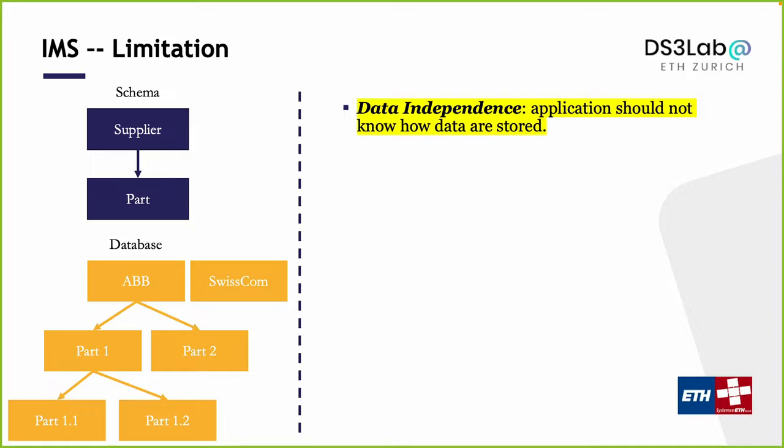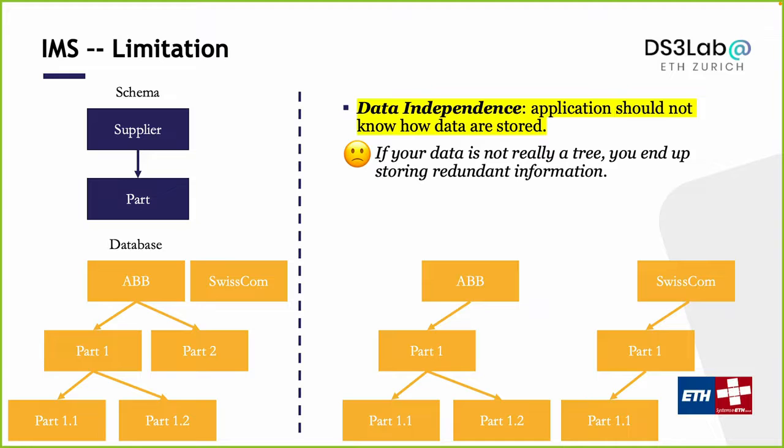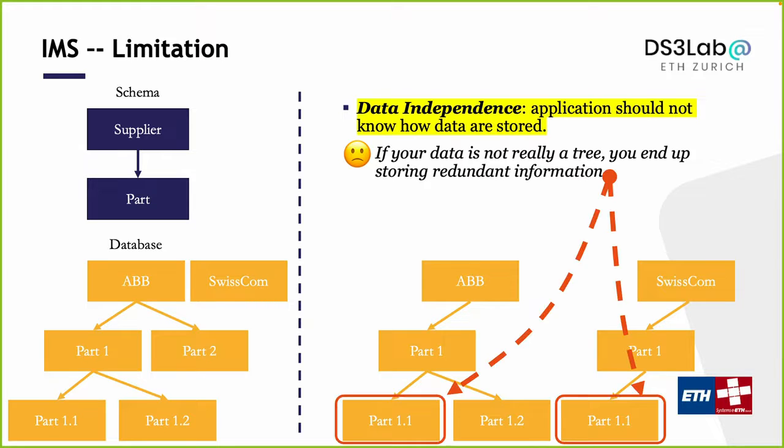Another thing is when your data are not really a tree, you end up doing something kind of ad hoc. Assuming, for example, you have a database like this, with one part, part 1, being supplied by 2 different suppliers. In this case, you don't have a hierarchy, so you end up with a whole bunch of replicas of your data, which you need to deal with when you are writing a query.